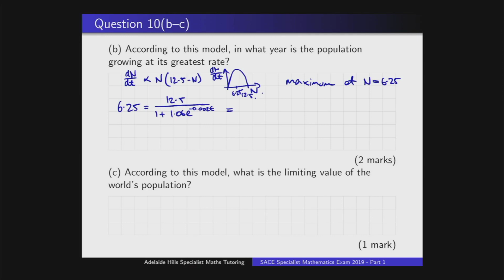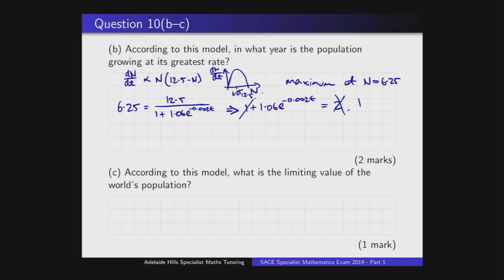So what we can do is multiply through by 1 plus 1.06 e to the minus 0.002t and divide through by 6.25. And if we do that manipulation, we end up with 1 plus 1.06 e to the minus 0.002t equals, on the right hand side, 12.5 divided by 6.25, which is just 2. And then we can cancel the 1 off with one of these from the 2, and that will bring us to a 1.